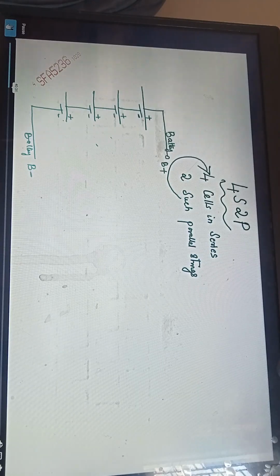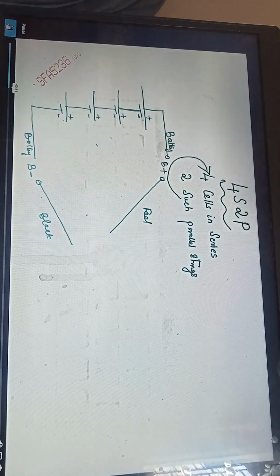So when I see the battery voltage, I'll get only 2 wires. One is the positive wire, or red wire, and this is the black wire. How do you make these connections from one cell to another cell, this series connection? We do it through nickel plating, so we do spot welding. I'll show you the picture after the break.